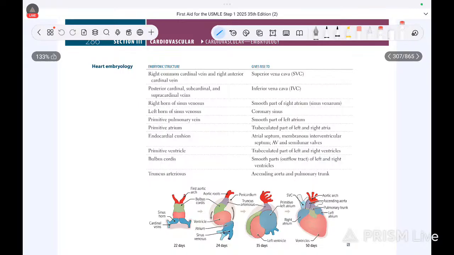Then the posterior cardinal, subcardinal and supracardinal veins give rise to the inferior vena cava.